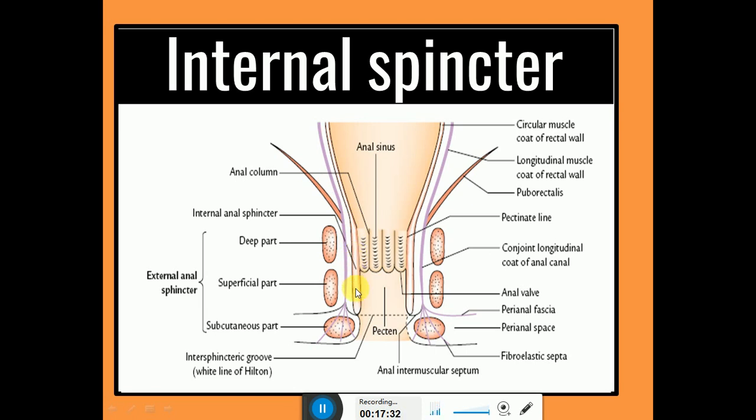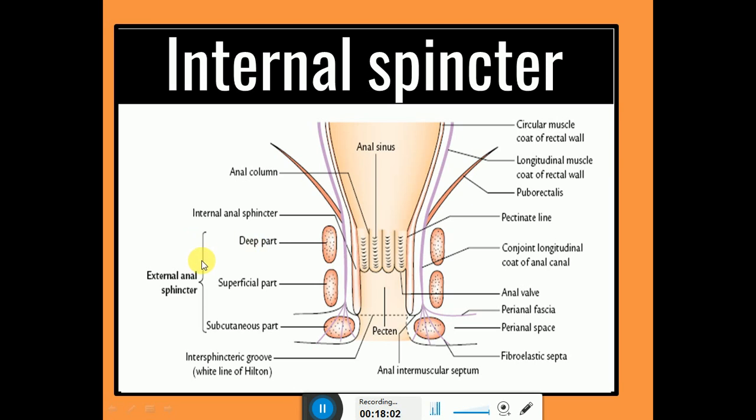Also, in this diagram, this portion we have seen is the internal anal sphincter, and here we can see the external anal sphincter. As I have told you previously, it has three parts. This is the surface, this is the opening of the anal canal. Here is the subcutaneous part, below that the superficial part, and the deepest part, called the deep part.